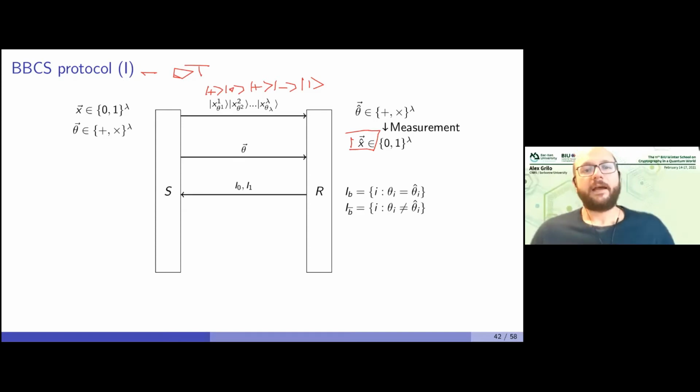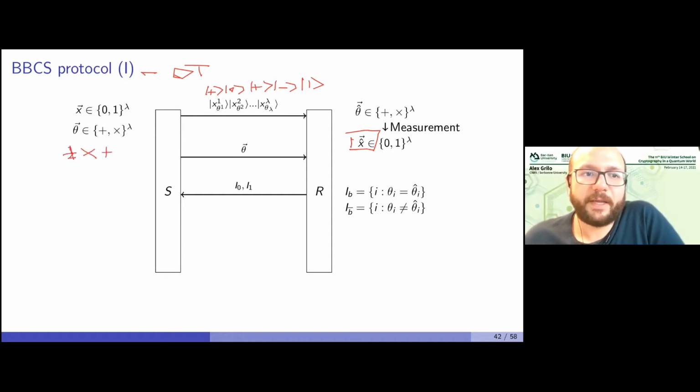Given this comparison, for example, let's say that the choices of the sender are plus basis, cross basis, plus basis, cross basis, and the bases chosen by the receiver are, let's say, cross, cross, plus, plus.